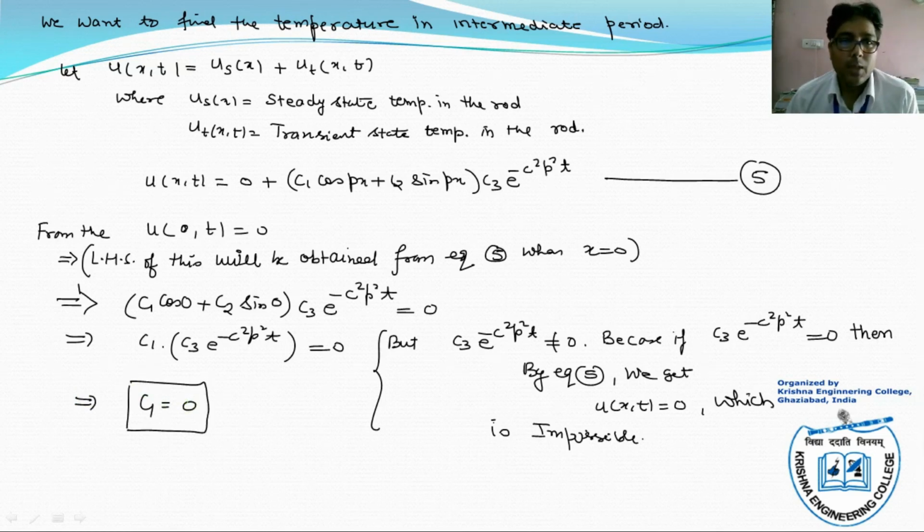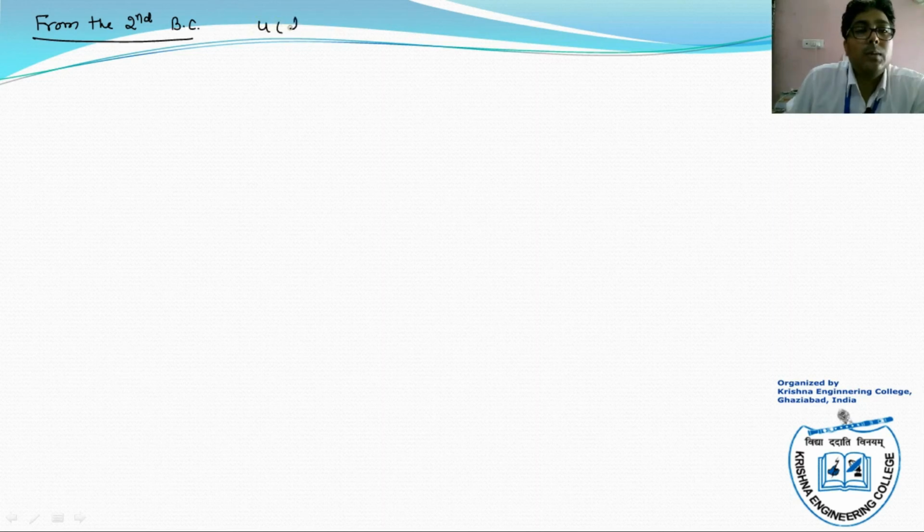Again, we use the second condition. Now, we move on to the second page. Now, from the second boundary condition, u(L, t) = 0.